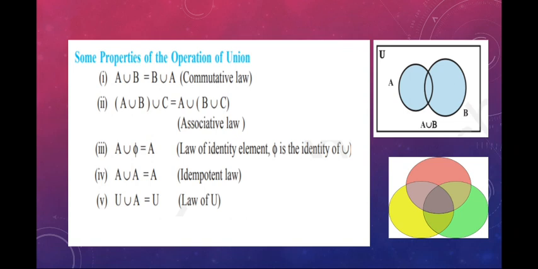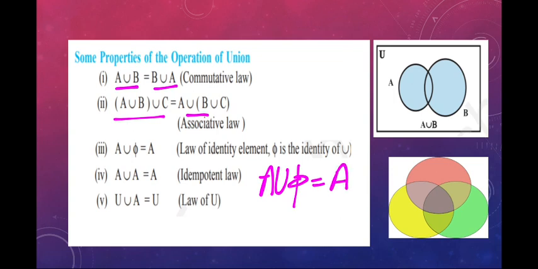Now some properties of the operation of union, you have to remember these 5 formulas. Union is commutative, A union B and B union A are both the same. They are associative. If you do the union of a non-empty set with phi, the null set, it will be equal to the set itself.